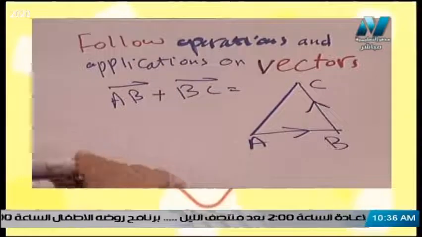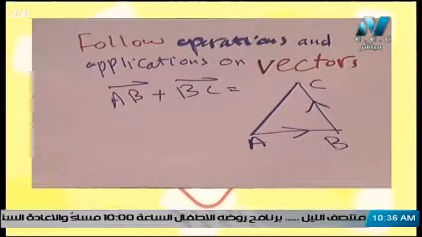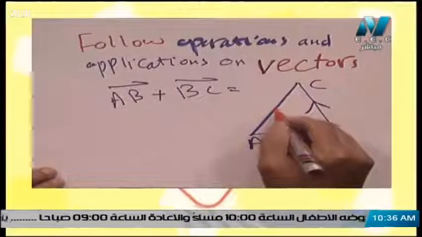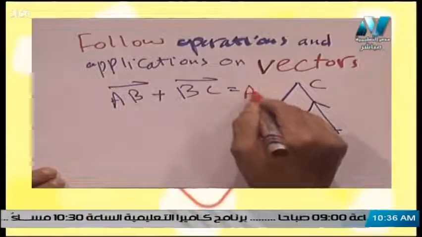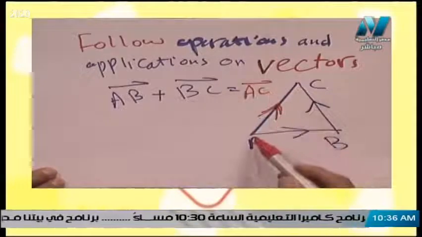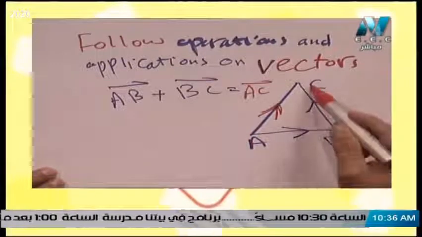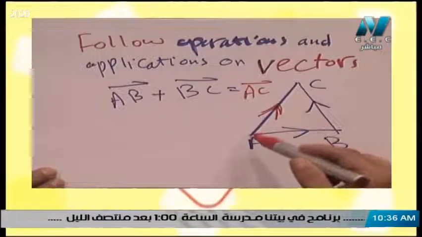Yes, students who remember say it will be, of course, AC. So the vector AB plus the vector BC equals the vector AC.